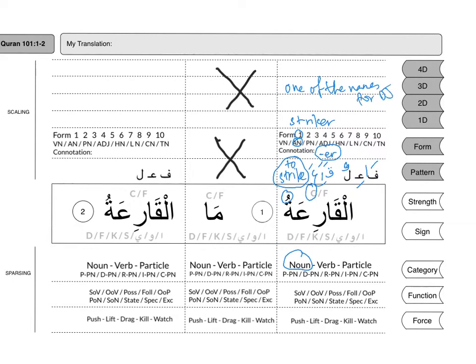So the word qari'ah is translated as day of judgment and so on. Sometimes it's translated as the striking hour, for example, and usually it will be spelled with a capital H.